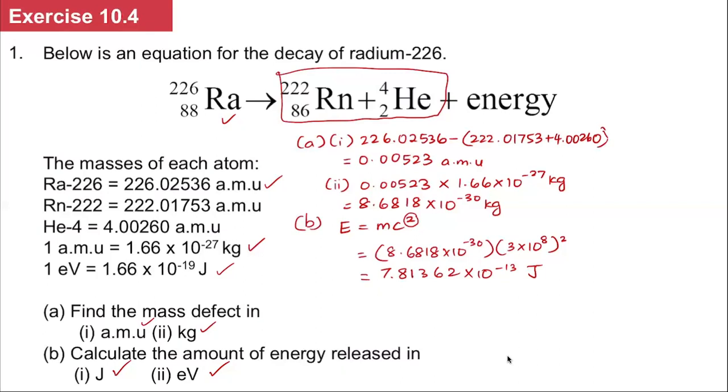So how much? The second part of the question. Convert it into electron volt. Should you divide the number or should you multiply?